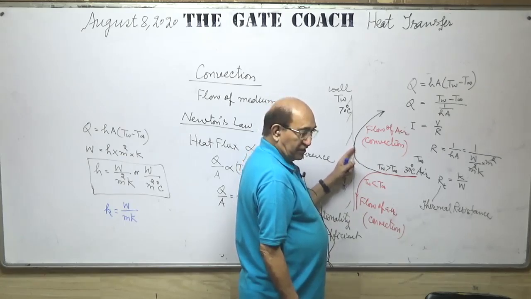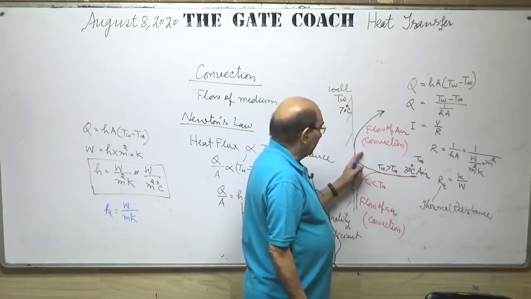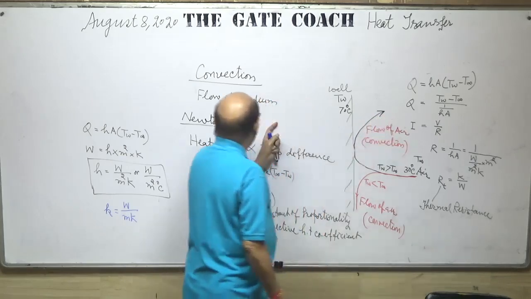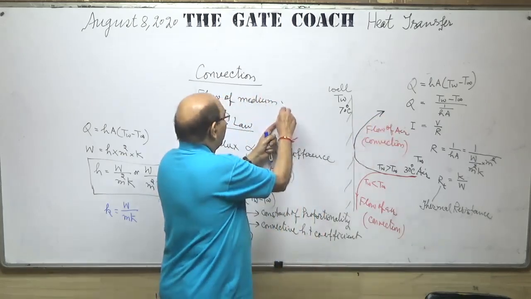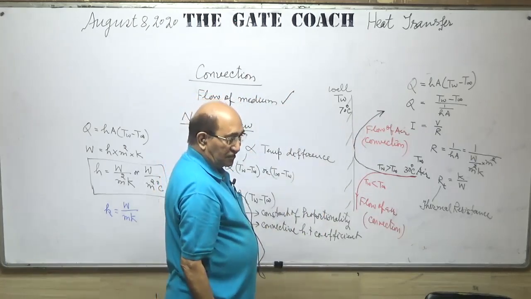The air will get heated up. Hot air will become light air, will have a tendency to go up. So, there is a flow of the medium air. Hence, it is convection.